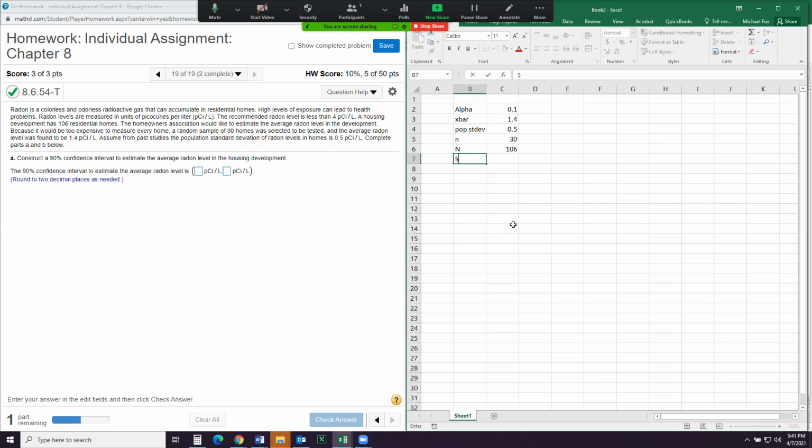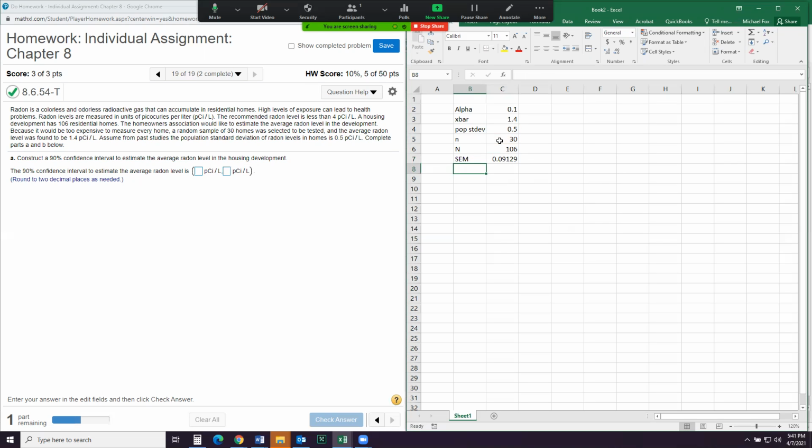So I'm going to have to calculate my standard error of the mean. The standard error of the mean is just the population standard deviation divided by the square root of little n, the sample size.